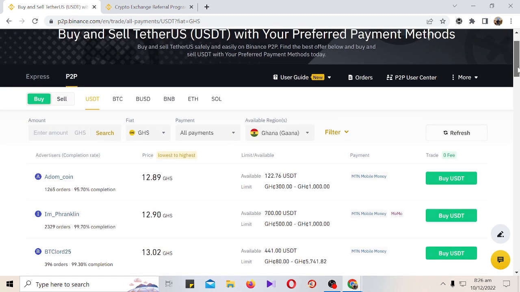Let me just scroll down and explain something to you. If you are buying cryptocurrency on Binance P2P, this is what you want to note. The advertisers are here. We have the rates, the limit, the payment, and here is what you want to buy. You can see this is the person's name, Adam Coin.